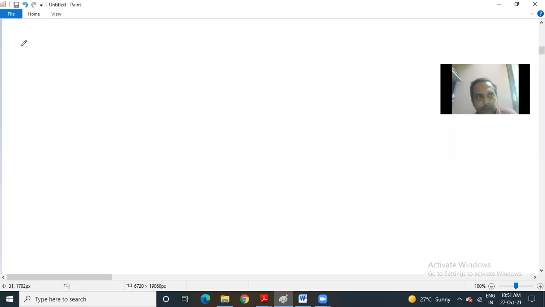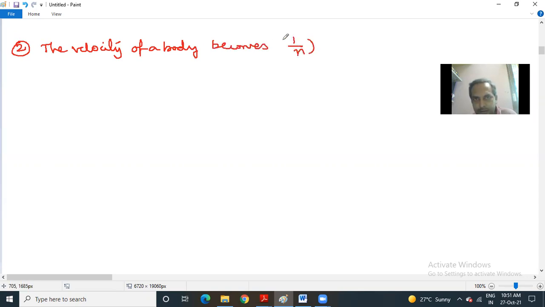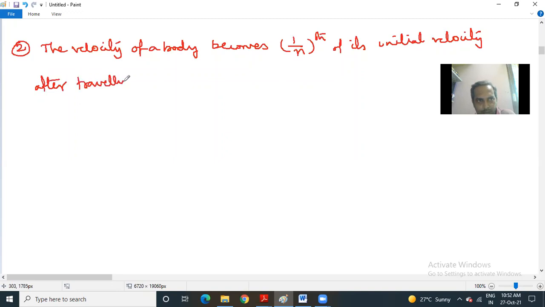Application number 2. The velocity of a body becomes 1 by nth of its initial velocity after traveling a distance x.